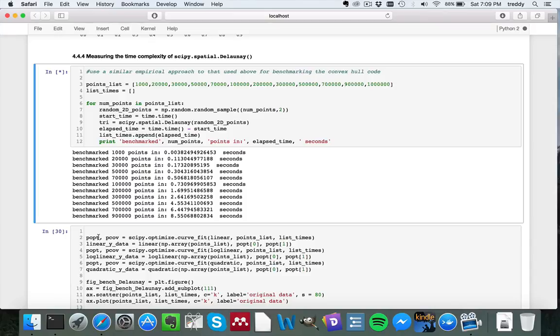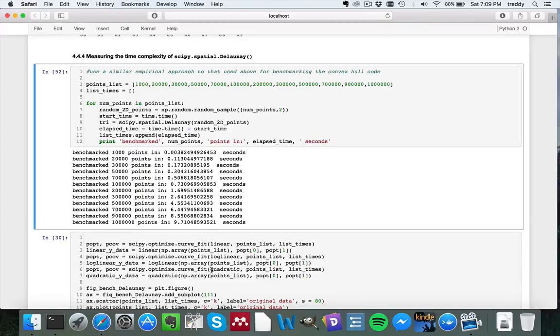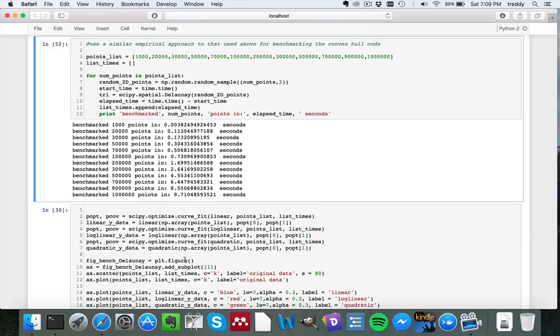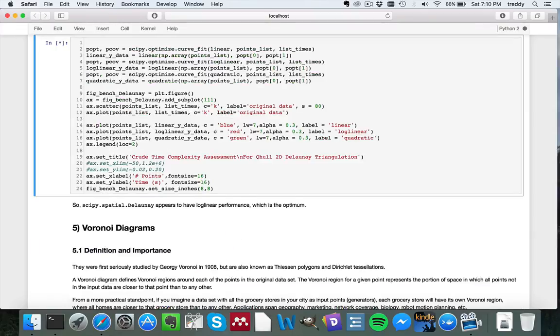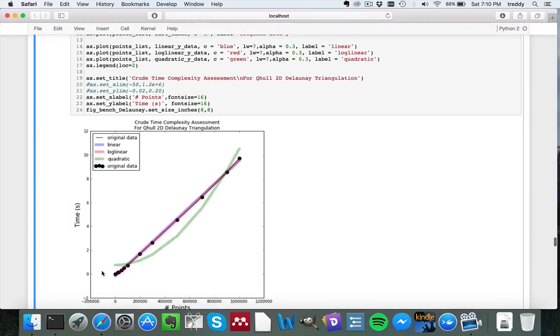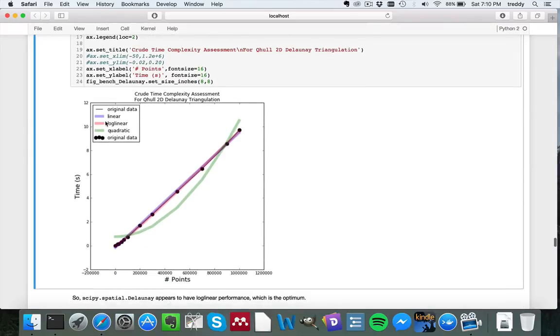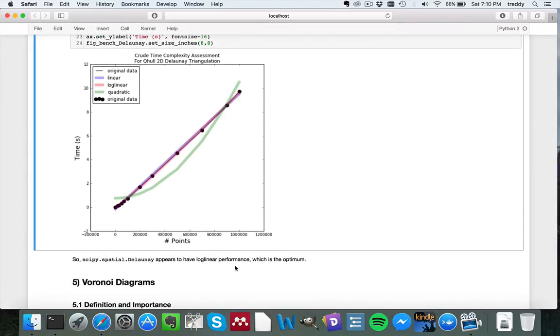And we're going to optimize the results using either linear, log linear, or quadratic time complexity fits. These are basically chosen because I have a rough idea of how it should perform. If we rerun this, we can see that basically it looks like it's either linear or log linear. And again, we know from the literature that it's not going to be faster than log linear, and indeed it does appear to be operating with log linear performance, which is the optimum.